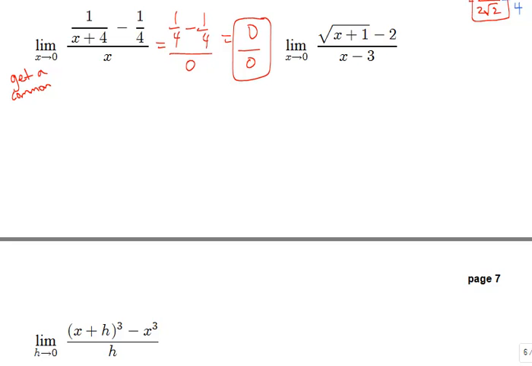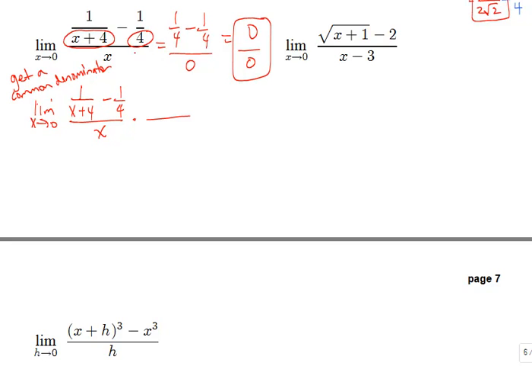And we're going to multiply by that common denominator on the top and the bottom, just like we did with our conjugates. So I'm going to take this original function and multiply it by our common denominator. Now in the original fraction, I have an x plus 4 in my denominator and just a 4 in the other denominator.